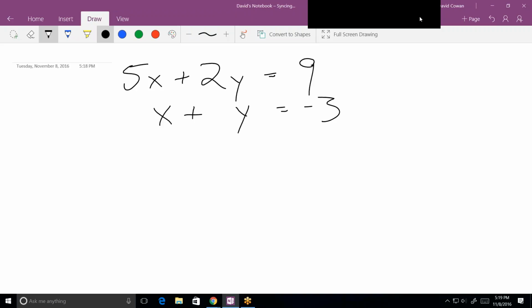To solve for one of the variables. Which one and which equation? I think I'm going to do the bottom one because that's the easier one. It's got all the small numbers in it. Always pick those if you have a choice.